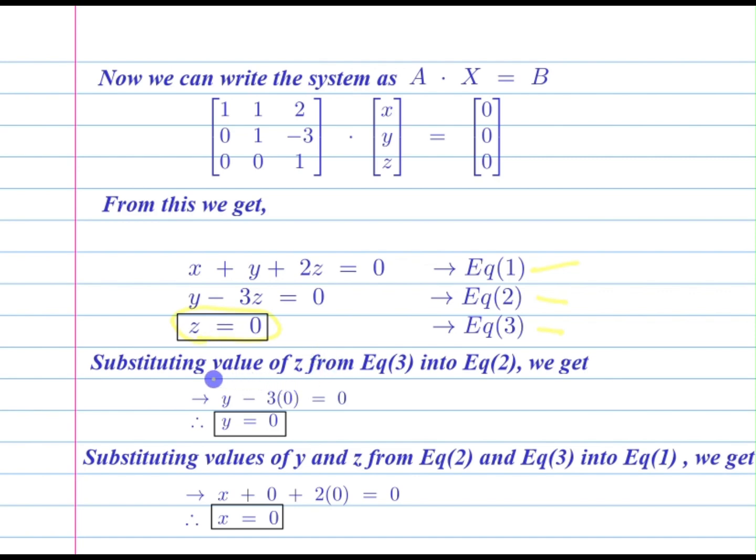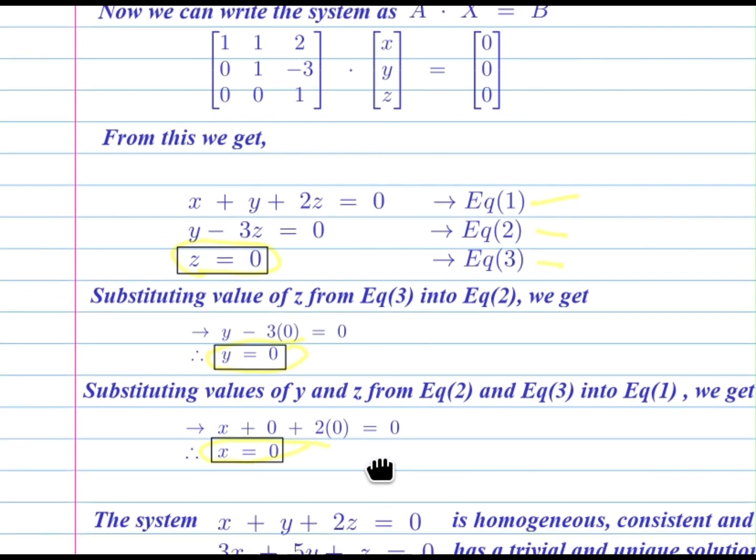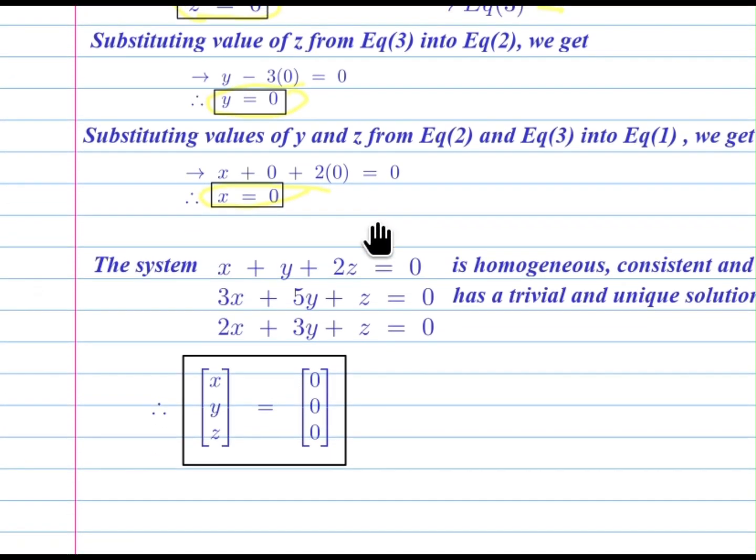Now substituting the value of z from equation 3 into equation 2, we get y equal to 0, and then substituting values of y and z from equations 2 and 3 into equation 1, we get x equal to 0. So the system is homogeneous, consistent, and has a trivial and unique solution. This solution is x, y, z equal to 0, 0, 0.